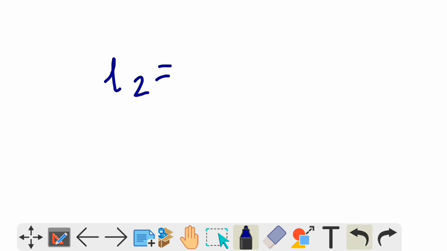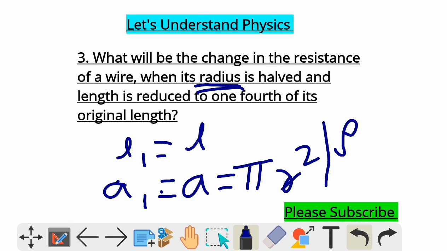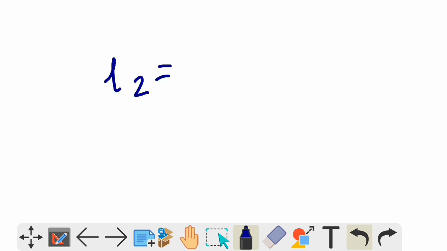L2 will be equal to what? Sorry, the length has become 1 by 4 times, 1/4. That's why you have to take L2 as L by 4.